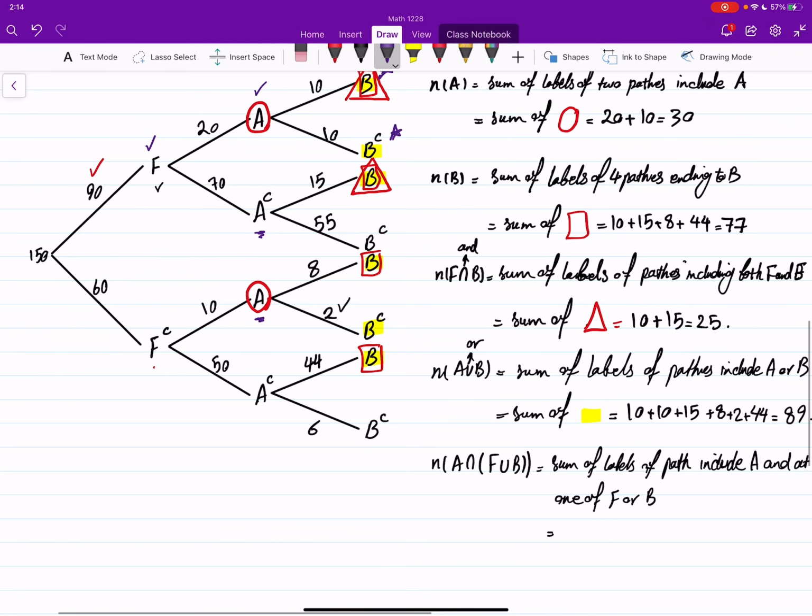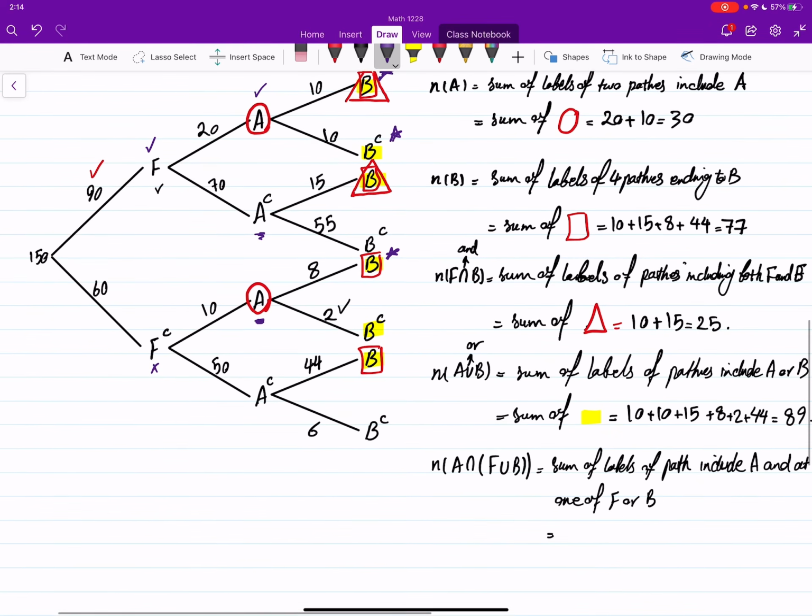Here, this one includes A. It doesn't include F, but it includes B here. And that's it. There are only 3 of them, and we can go ahead and write that. So that will be the sum of the stars, which in this case is 10, 10, and there's an 8 there, so this is 28. It must include A and at least one of these guys.